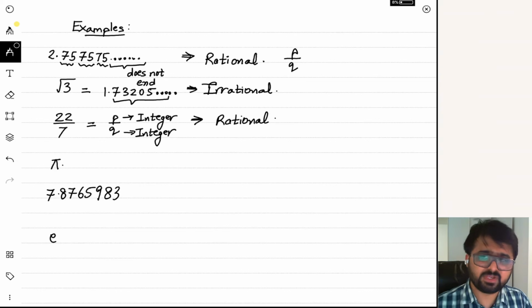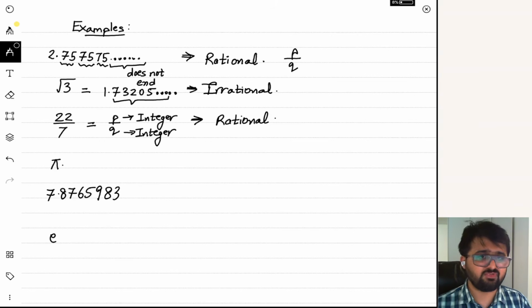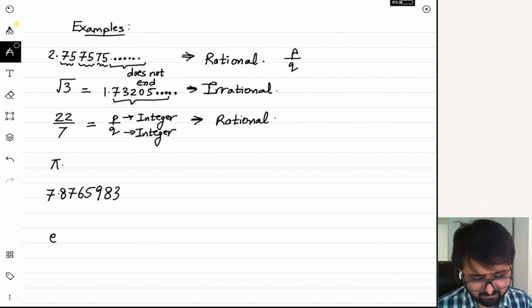Okay. Now someone might question that, wait, pi earlier you said is irrational, but 22 upon 7 you are saying is rational. But how come, if pi is equal to 22 upon 7, how can 22 upon 7 be rational? Now, the exact value of pi is 3.142 dot dot dot.